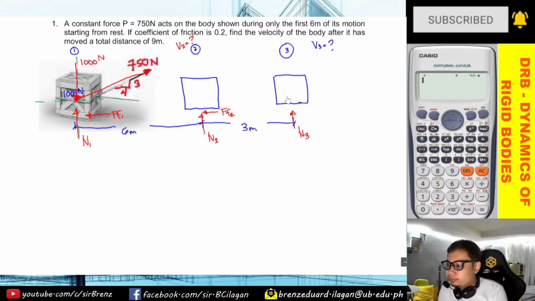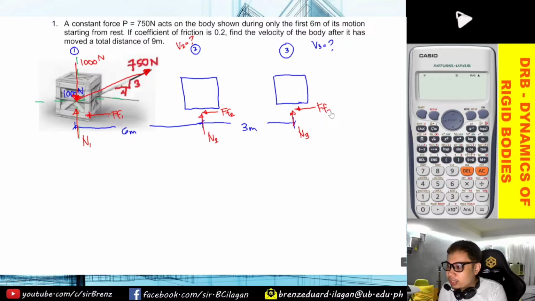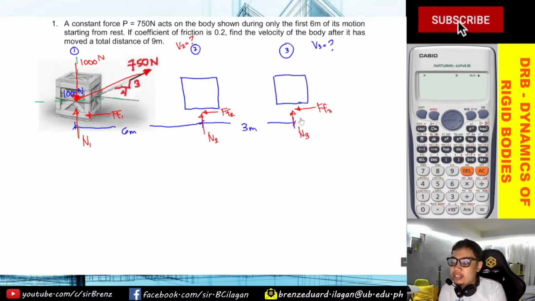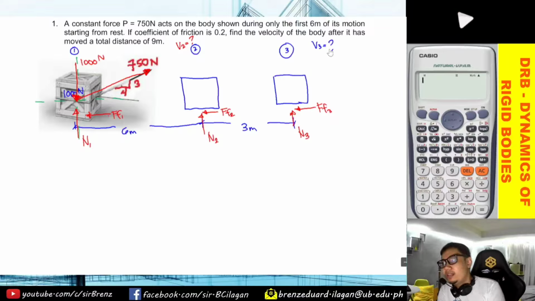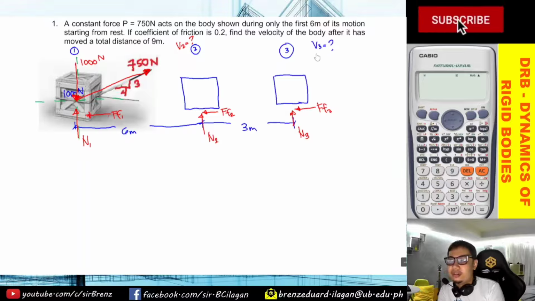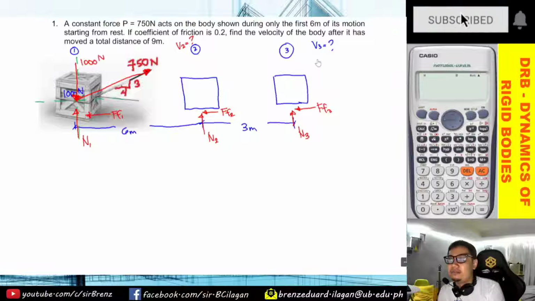And, eto, meron ka pa rin frictional force at point 3. Hindi pa natin siya alam, but hindi natin kasi alam if at a distance of 9 meters, gumagalaw pa rin ba yung block natin. Okay? So, yun nga hinahanap. If magkataon kasi na the value here is 0, so therefore, we can say that the block stopped or tumigil na.